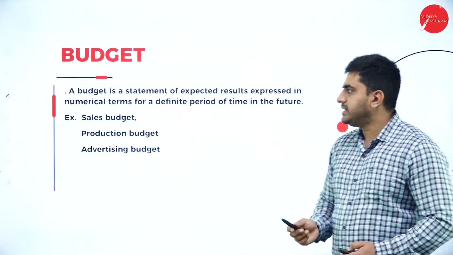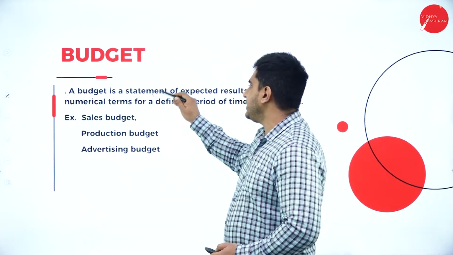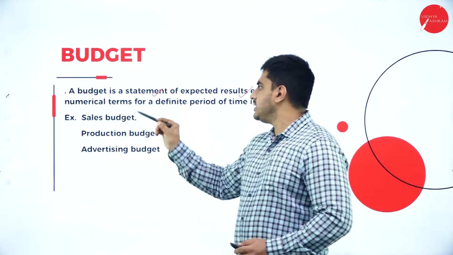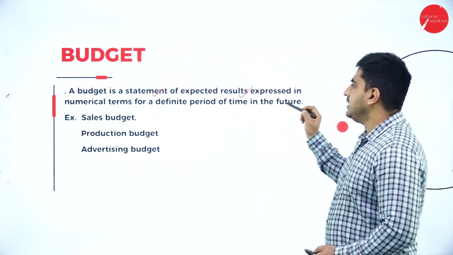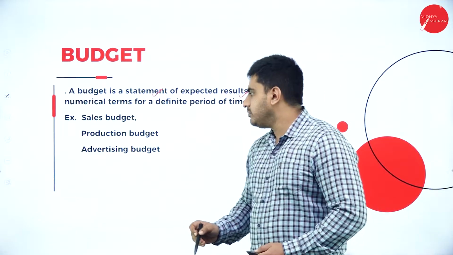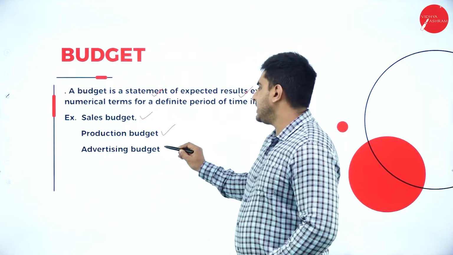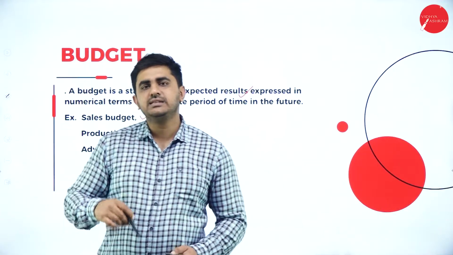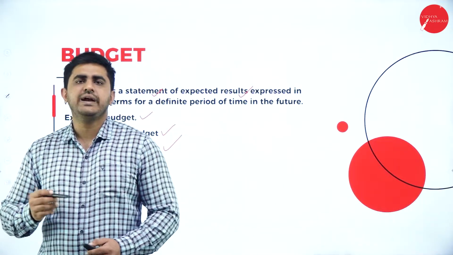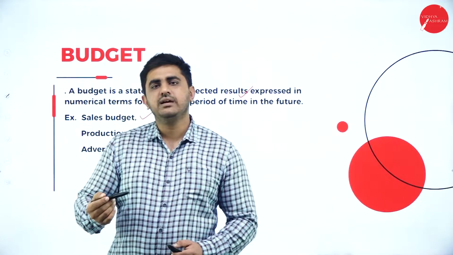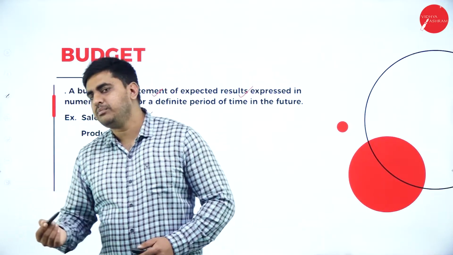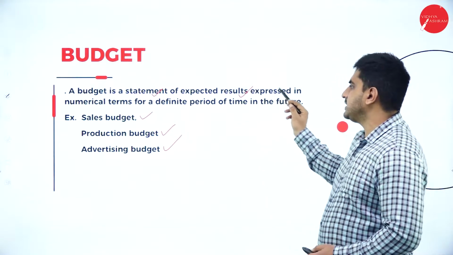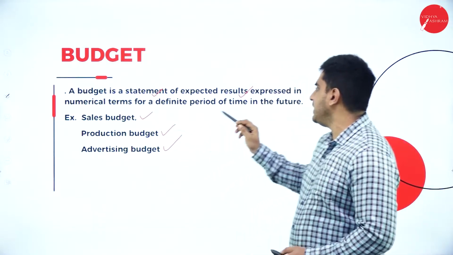Next is budget. A budget is a statement of expected results expressed in numerical terms for a definite period of time in the future. For example, sales budget, production budget, and advertising budget. Budget is basically an estimate of the income and expenditure of the company within a period of time.